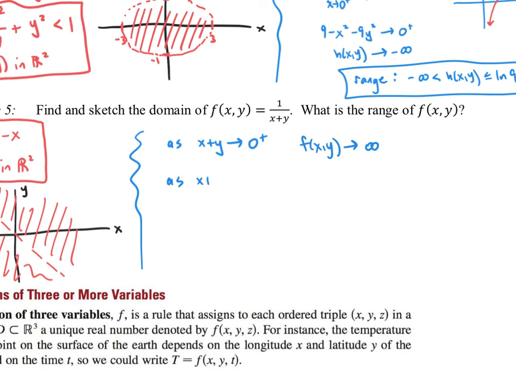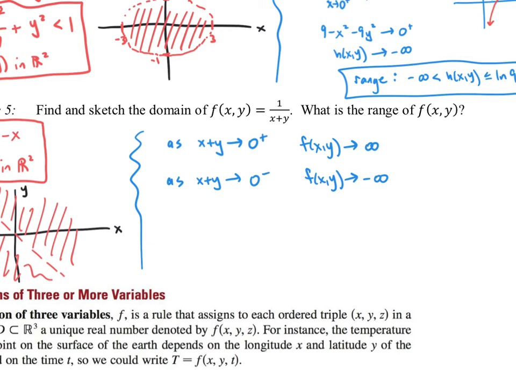As x plus y grows closer to 0 from the left, then your function is going to go closer and closer to -infinity. So in other words, when you divide by a very small negative number, your function is going to be closer and closer to -infinity.